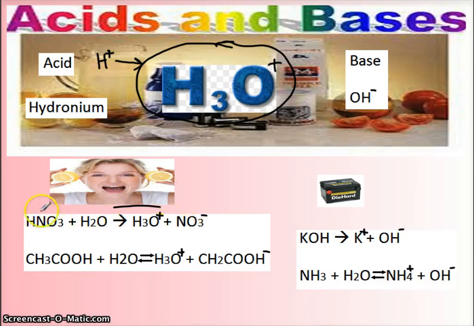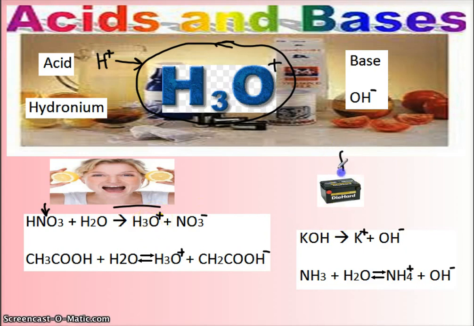So what these acids do, these acids donate a hydrogen. So every acid is going to have a hydrogen in it. That's one way you can identify acids. It's going to have a hydrogen in it, so it can donate that hydrogen and make H3O. Now, not all react. Oh, I'm getting ahead of myself.